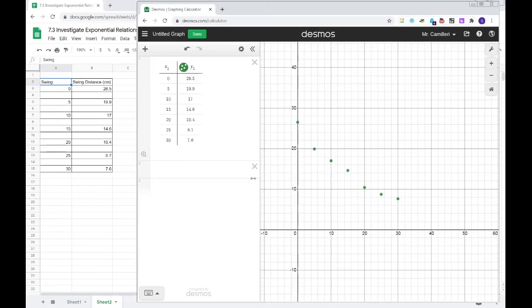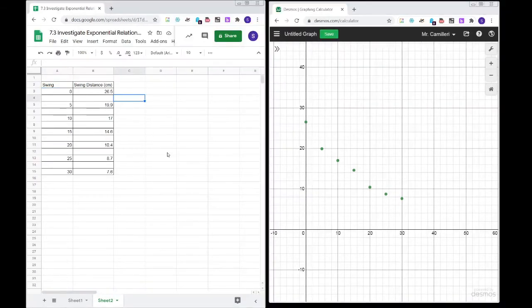So let's take a closer look at the data in the table. So from 26.5 to 19.9, we want to compare those two values.